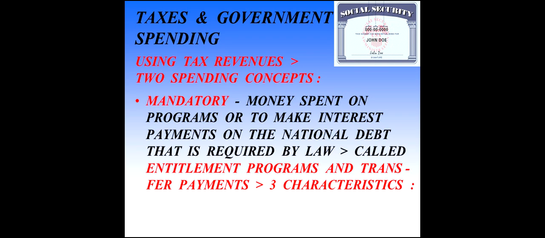And let me give you a little bit of background as to why the mandatory spending programs are titled entitlement programs. Because this spending is required by law, the recipients of the federal spending have come to look at this type of spending as an entitlement, where the government is required to provide this to the recipients of the program.